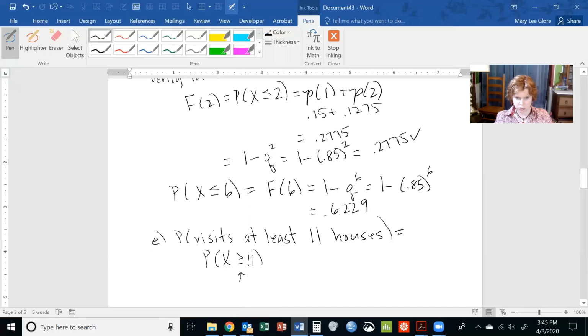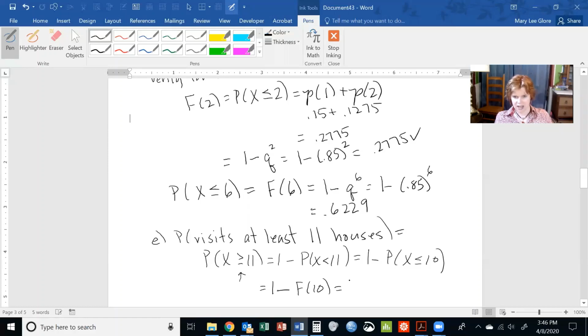So I need to use the complement rule to come up with another way to say this. The complement of X greater than or equal to 11 is the probability that X is less than 11. And to make this less than or equal to, if it's less than 11, the biggest it can be is 10. So this is 1 minus F of 10.